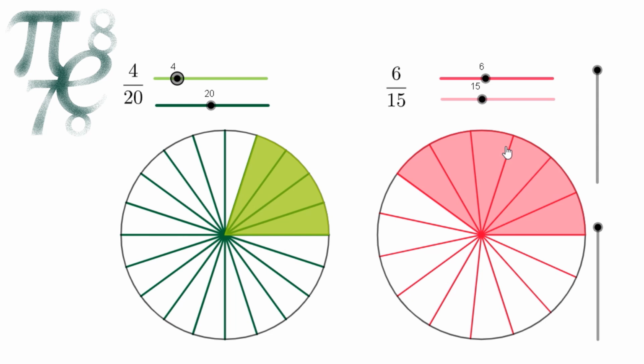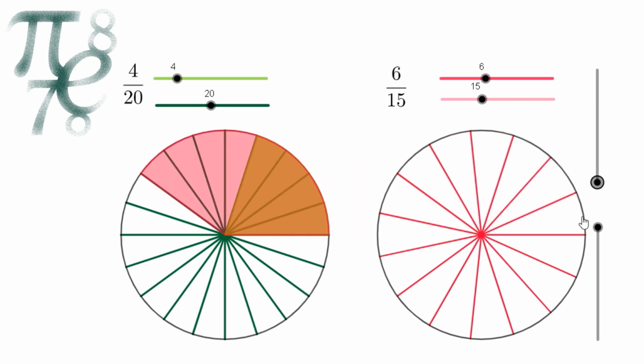Another example. The red circle has 15 parts and it has 6 shaded parts. The green circle has 20 parts and it has 4 shaded parts. Are the ratios equivalent? As you can see, we see that this is not happening.